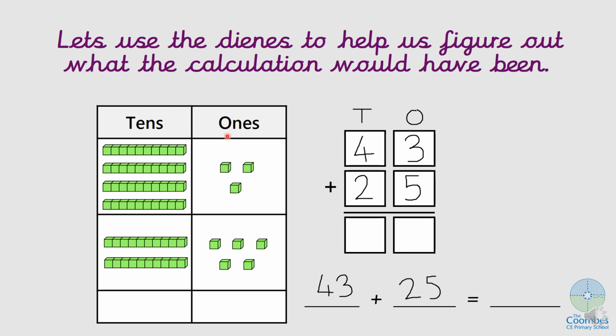Remember, you always start adding with your ones first. 1, 2, 3, 4, 5, 6, 7, 8. There are 8 ones. And if I look at my column addition, we've got 3 add 5 equals 8. Let's add up our tens then. We've got 10, 20, 30, 40, 50, 60. 6 tens are 60.